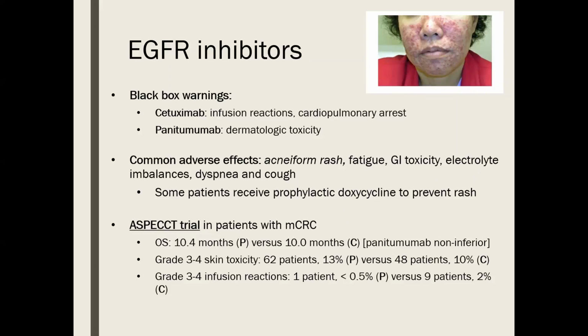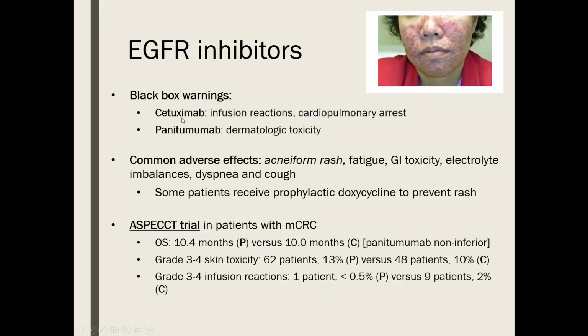This is an area of practice where we don't generally see a lot of head-to-head comparator trials, but we happen in this case to have a head-to-head trial of these two agents. It was referred to as the ASPECT trial in those with metastatic colorectal cancer. They straight up compared panitumumab to cetuximab in a non-inferiority design, and they identified that panitumumab from an OS perspective was non-inferior. They had more grade 3 to 4 skin toxicity in the panitumumab arm, but much fewer infusion-related reactions in the panitumumab arm, as we talked about earlier.